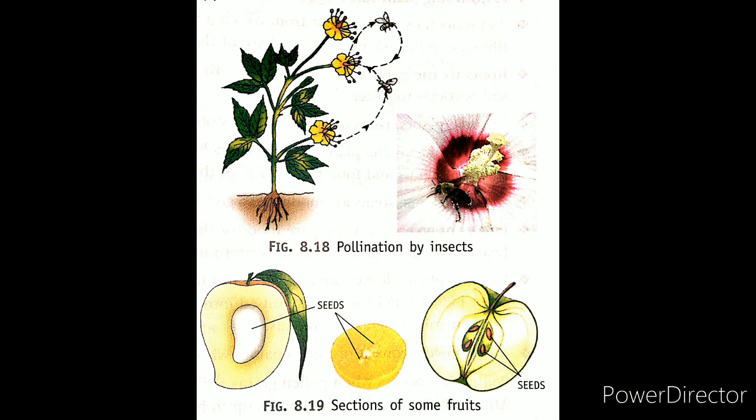Okay, and then down the next picture we have sections of some fruits. So this fruit area, this is known as ovary. Okay, and the seeds, they are ovules. Clear? So ovules always change in seeds, and the ovary change into the fruit.